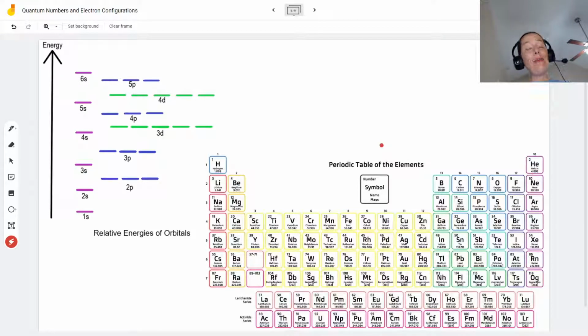So to get more electrons, to get more orbitals, I need to increase my value of n. So I go to n equals 2. And this is where I get my 2s orbitals. And here are my 6 2p orbitals. Again, remember you had 3 degenerate p orbitals, which gives you 6 total electrons.